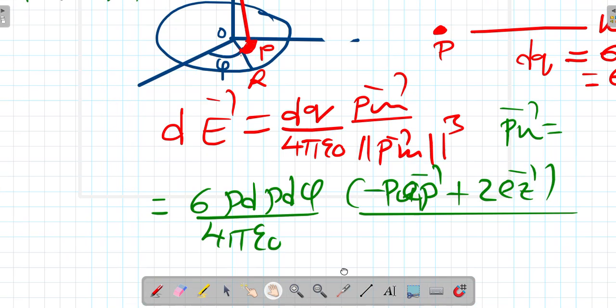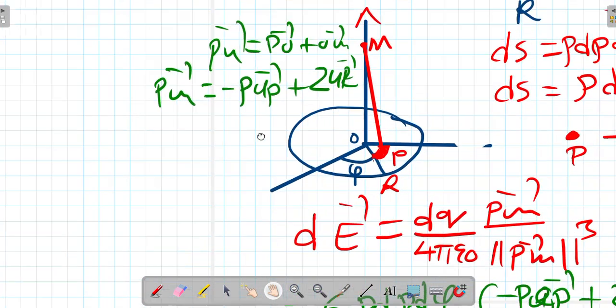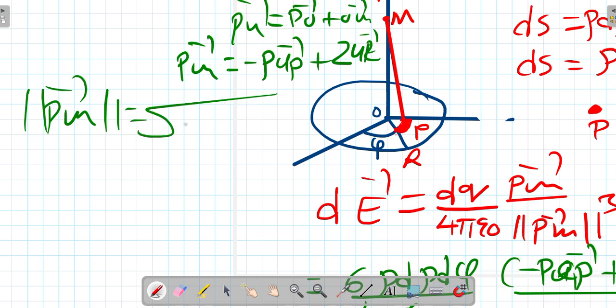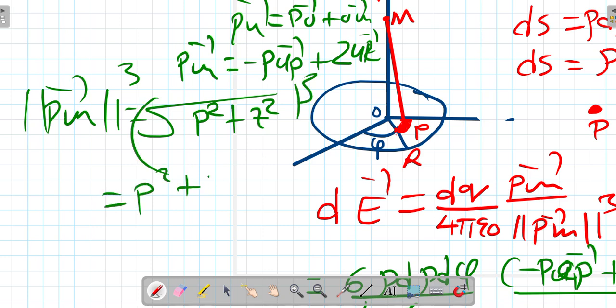How do you find the magnitude of the vector PM? The magnitude is simple: the square root of rho squared plus z squared. Since it's to the power 3, this is going to be rho squared plus z squared, to the power 3 over 2.